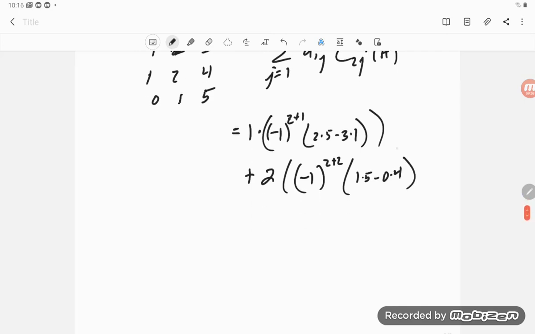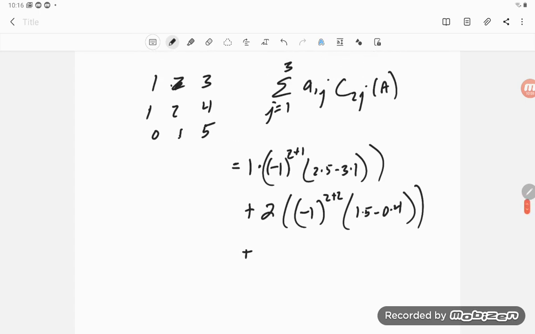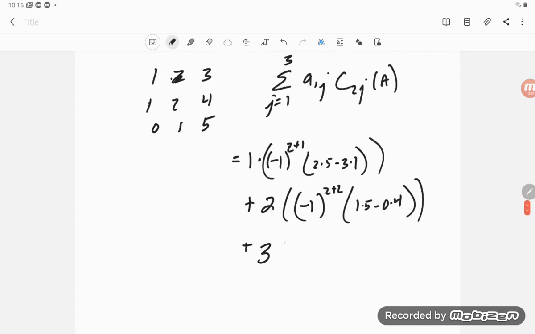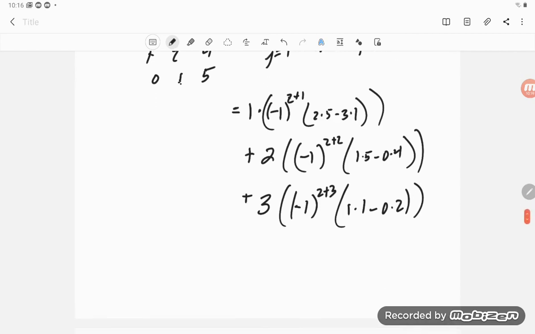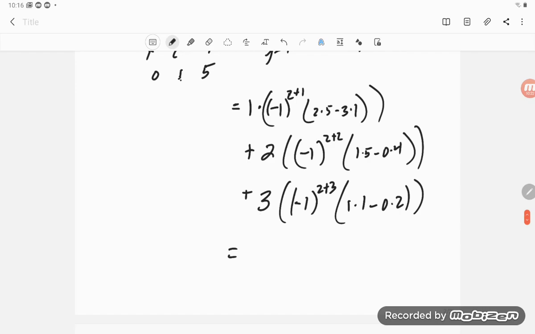And then plus 3 times negative 1 to the 2 plus 3. And again, that one I get 1 times 1 minus 0 times 2.